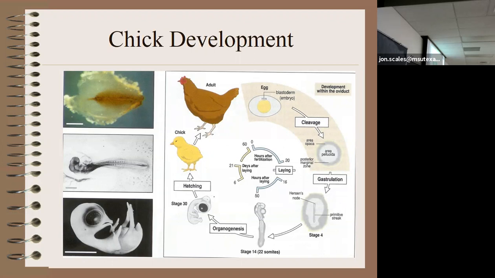So there are several hours, about 20 hours, before the egg is ever laid by the chicken. Okay, and so during that time are the initial cleavage stages, so that when the egg is laid, you have essentially the early blastula formed, and shortly after laying is when gastrulation then proceeds.